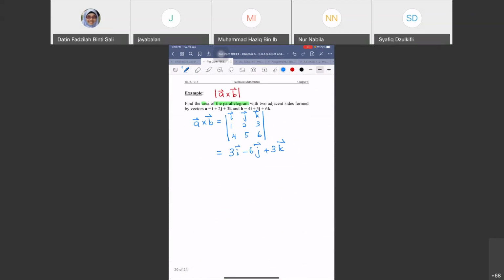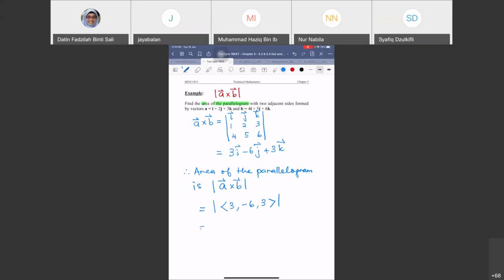So now what you want is your area. Therefore, the area of the parallelogram is given by the magnitude of A cross B, which is the magnitude of 3, minus 6, 3.